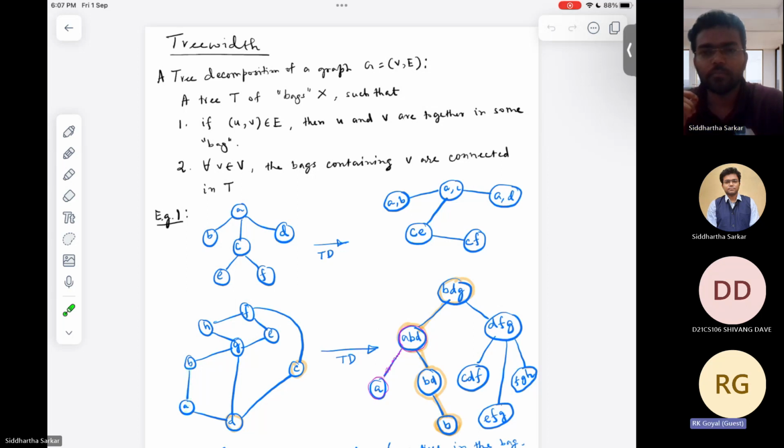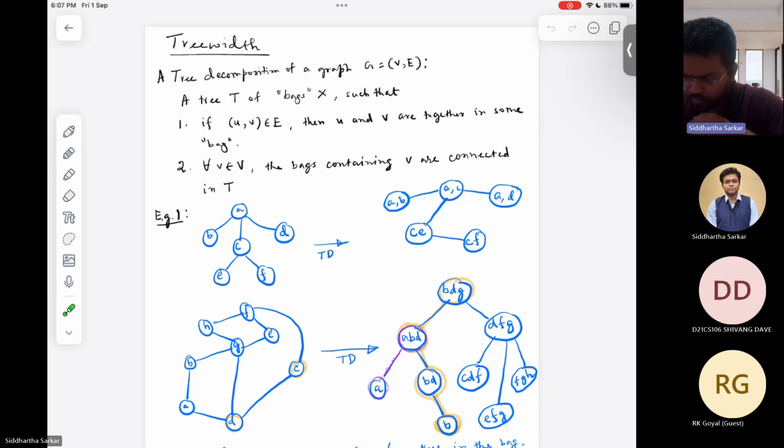And we can have this edge in many more bags. It is not necessary that it should be present only in one bag. That is correct, it can be present in multiple bags. And we also want to ensure another property.